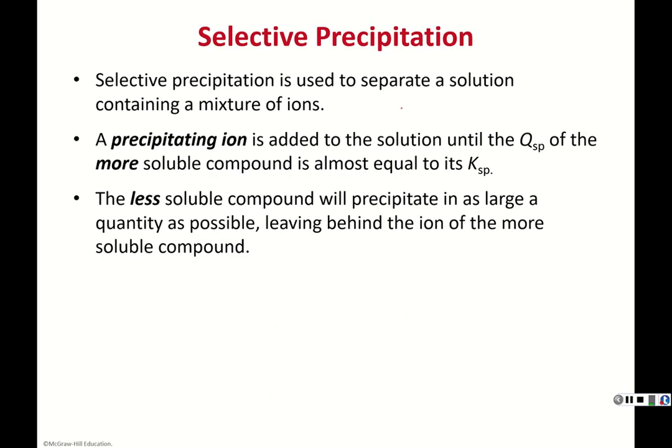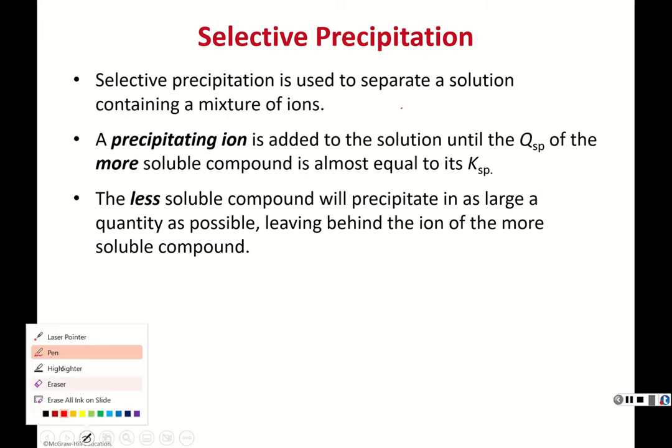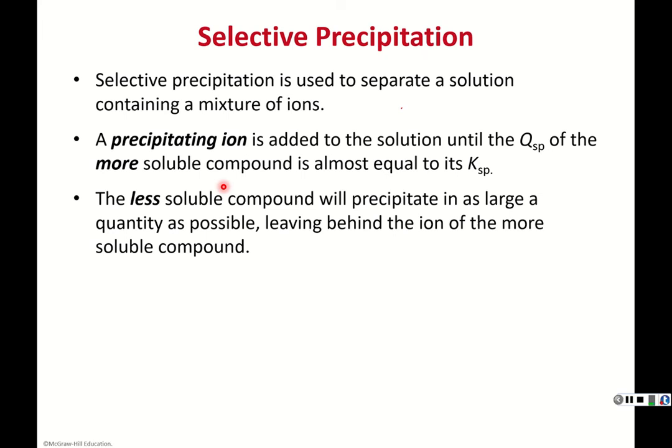You can use this principle to selectively precipitate out certain ions in a mixture. And how you do this is a precipitating ion is added to the solution until the QSP of the more soluble compound is almost equal to its KSP.